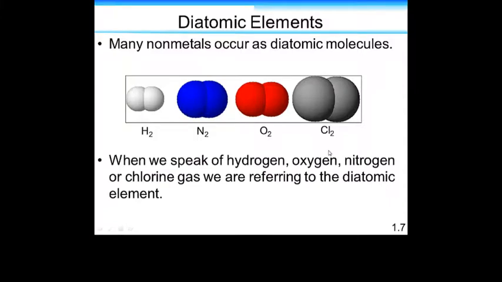If you see hydrogen or oxygen or nitrogen or chlorine gas, you have to picture in your mind, okay, that's H2. That's two hydrogens bonded together, or that's O2. If we talk about oxygen in the environment, oxygen gas, that is O2. Oxygen does not exist on its own in our surrounding environment. It's always bonded to another oxygen atom.